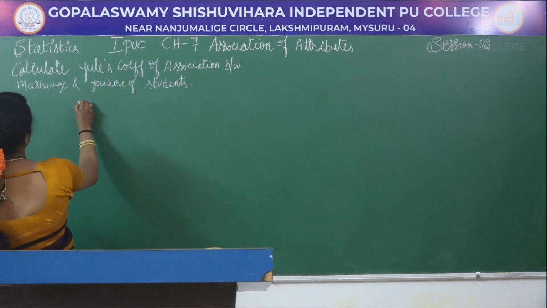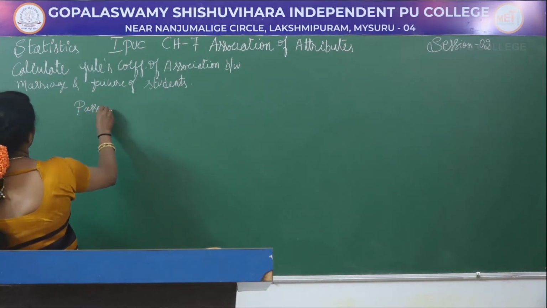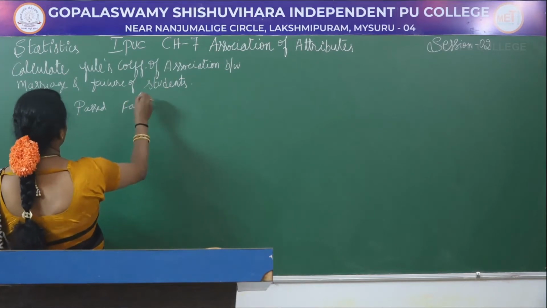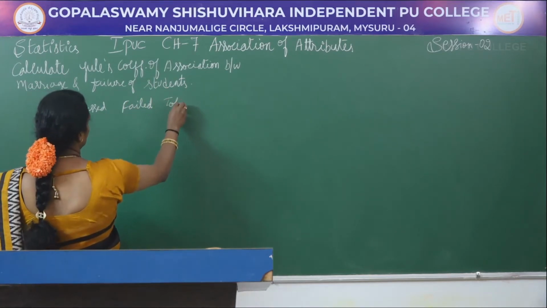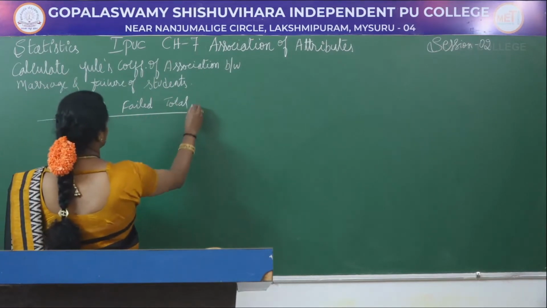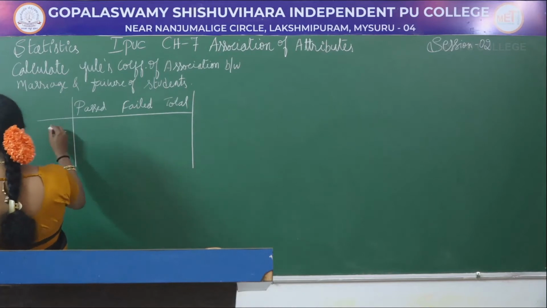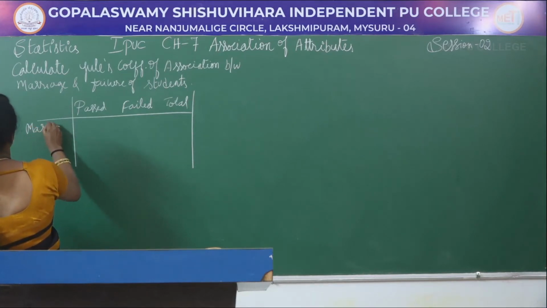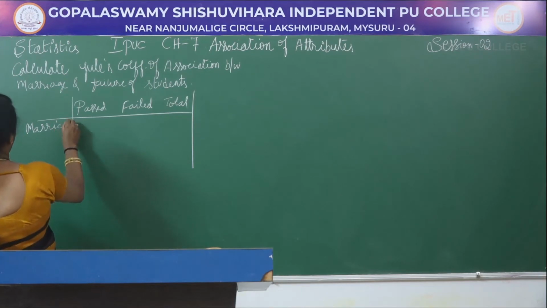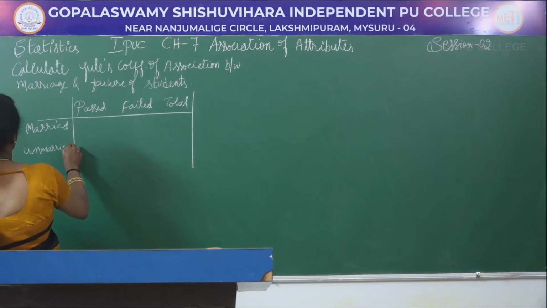So this is the data they have given: passed, failed, total. Here it is married, unmarried, total.